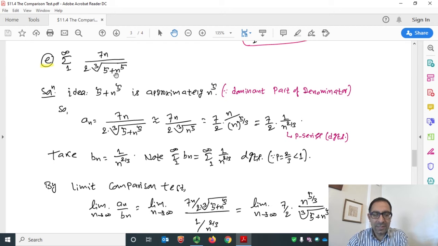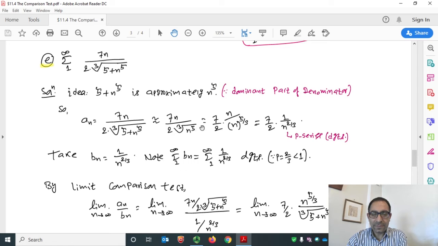Under the radical, 5 plus n to the power 5 is approximately n to the power 5, the dominant part of the denominator. Then we can rewrite our nth term, an equals 7n over 2 times cube root of 5 plus n to the power 5, approximately 7n over, let's take this 5 out, 2 times cube root of n to the power 5.